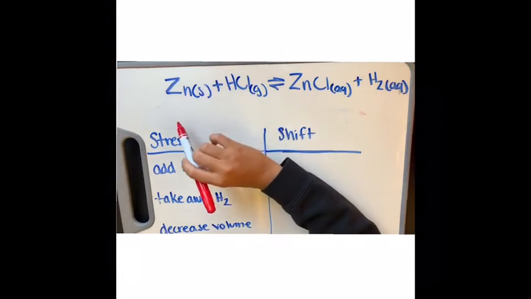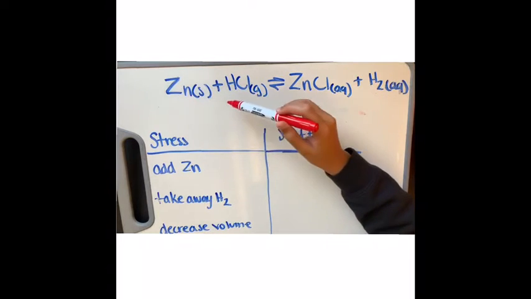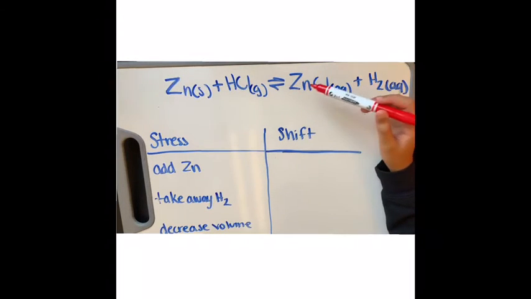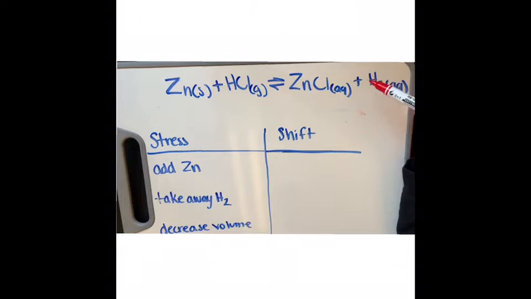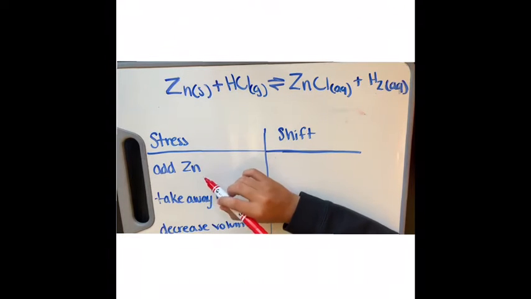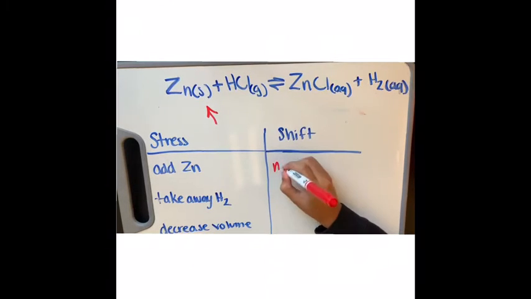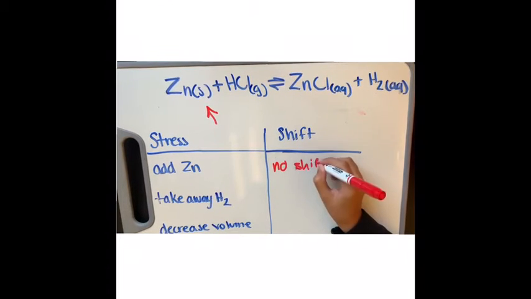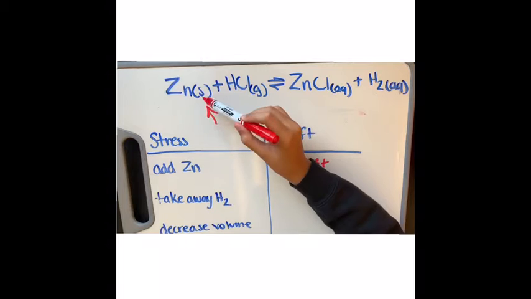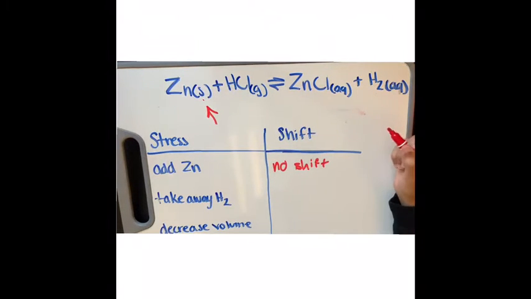So here we have our reaction. It's Zn plus HCl in equilibrium with ZnCl2 plus H2. If we add Zn, which is right here, there would actually be no shift, because this is a solid, and if you remember, solids and liquids do not impact the equilibrium expression.